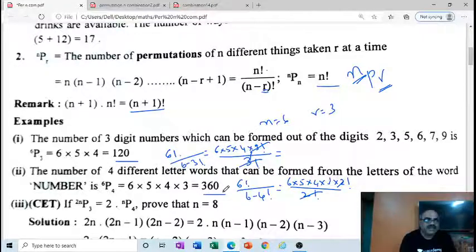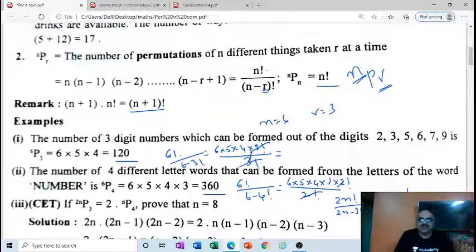Let me take another example. 2nP3 equals 2 into nP4. See what I am doing?